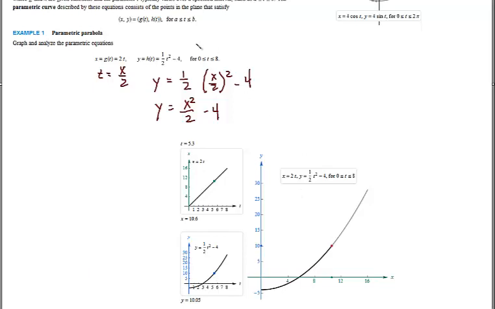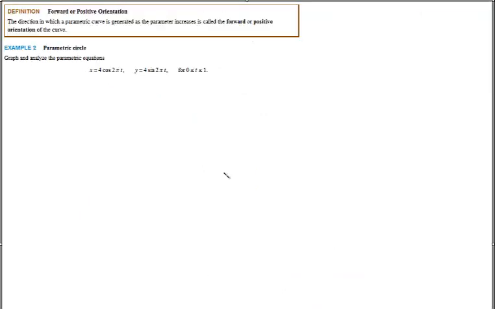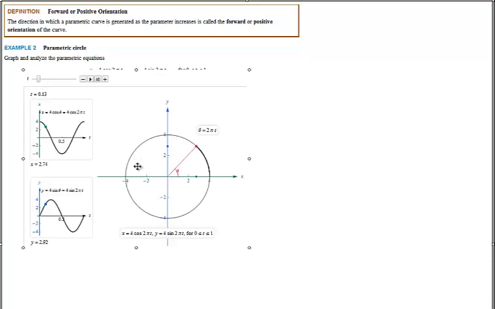Now typically on these parametric equations you're going to have some sort of interval for your third parameter. Our definition of forward or positive orientation means as t increases, what is this doing and in which direction is it going?